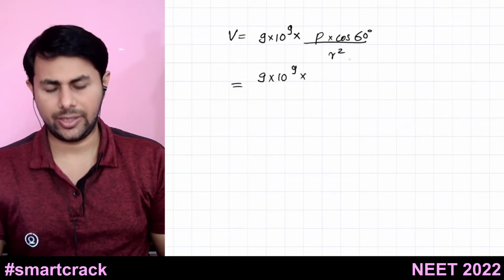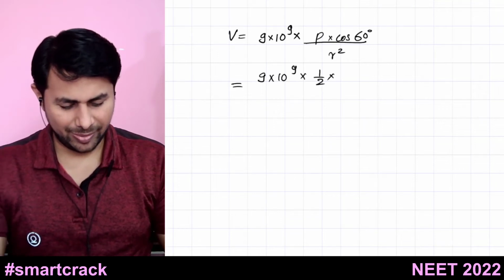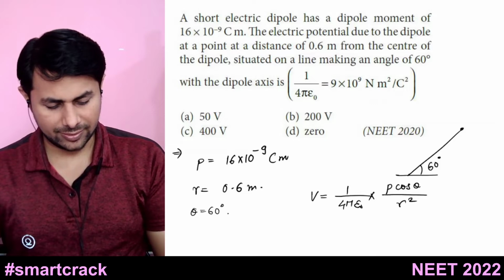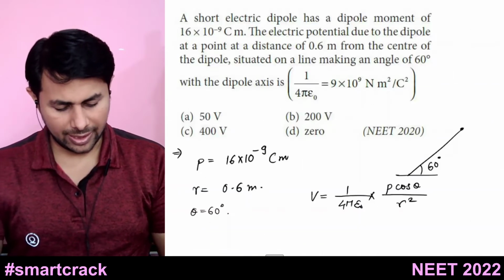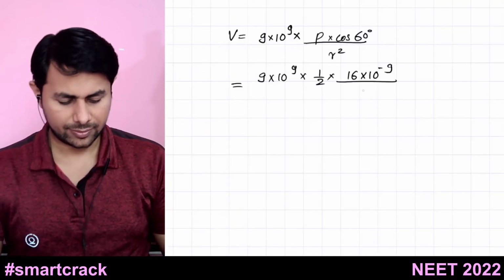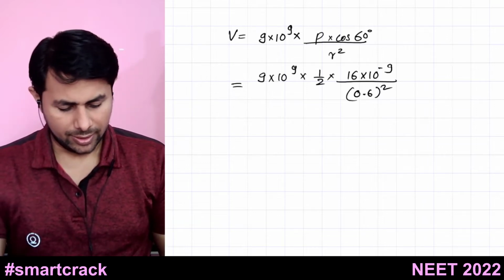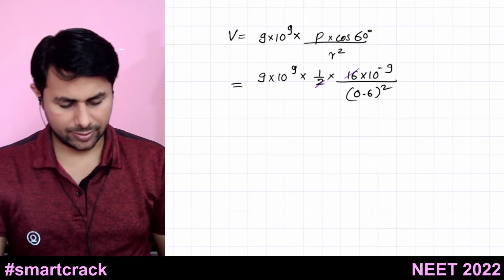Cos of 60 is sine of 30. It is half multiplied by P. P is how much? 16 into 10 raised to minus 9, divided by R square. R is 0.6, so we have 0.6 square. Okay, so can we cancel the 2 with 16?